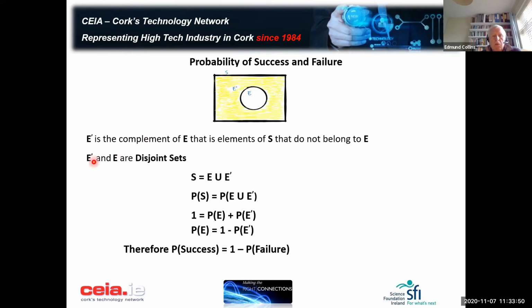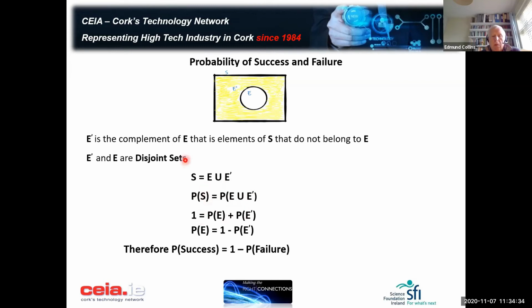So there's a couple of good principles here. The complement of E and E are disjoint sets. There's no intersection. That's interesting. So therefore, the sample space is E or the complement of E dashed. That can be written, so I should have put in another set of brackets there. The probability of the sample space is the probability of E union E dashed.